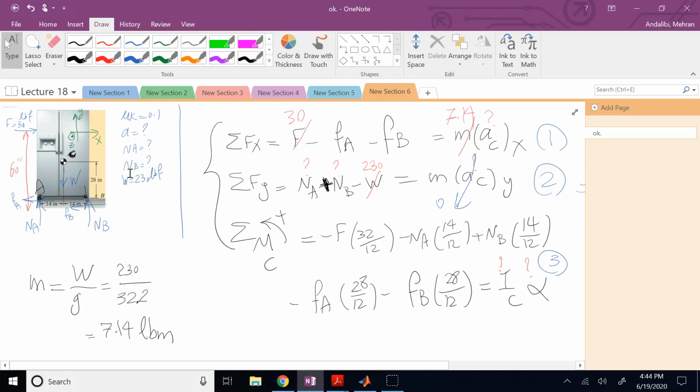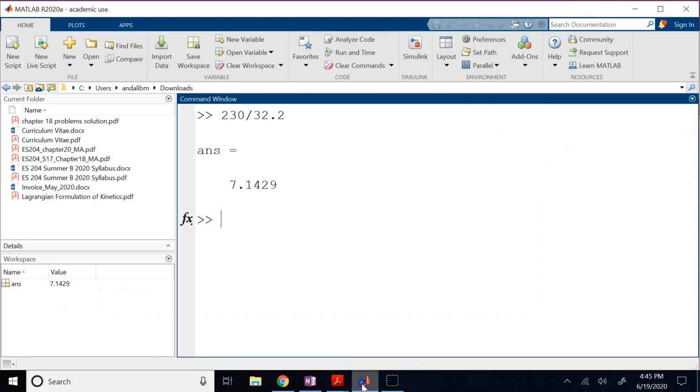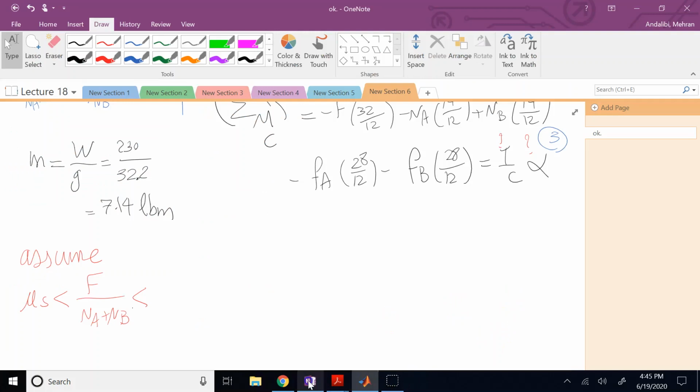But the problem is this question never gave you mu s. So here we have to assume something. I mean, the problem statement is not the best, but we assume here that the system does move. Okay, so here, let me write it for you. We assume that mu s is less than F divided by Na plus Nb, which is less than 30 divided by 230, which is 0.13.